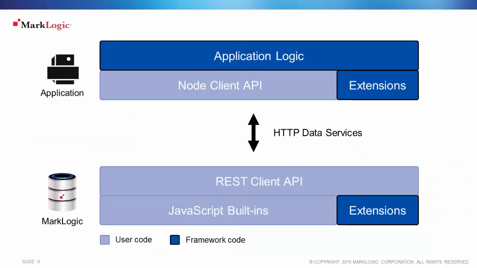We provide a Node.js client API. It's a package that you can install from npm, and this API allows Node.js middleware to communicate with the MarkLogic database in a fluent Node.js interface. From the API, you can manage documents, build sophisticated search queries and aggregates, and perform many other functions without having to leave the developer's familiar Node.js environment.